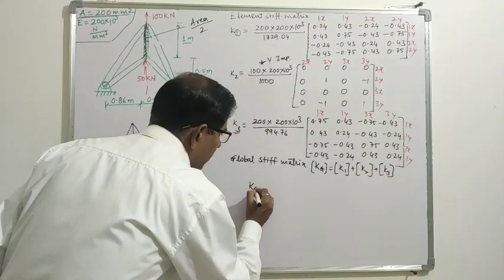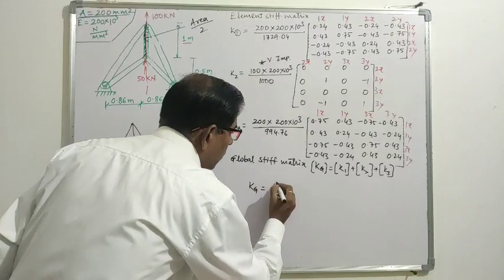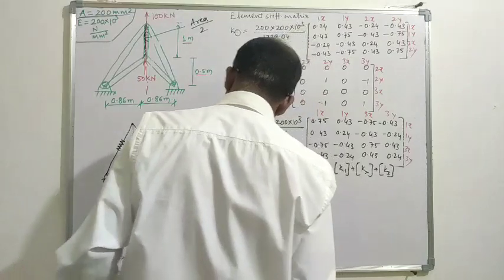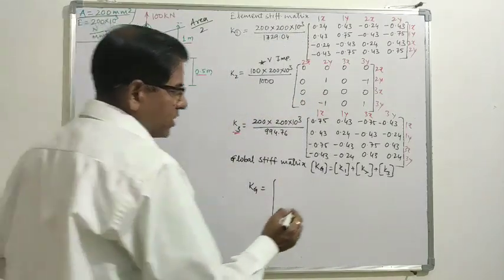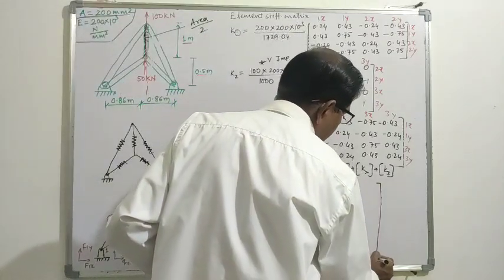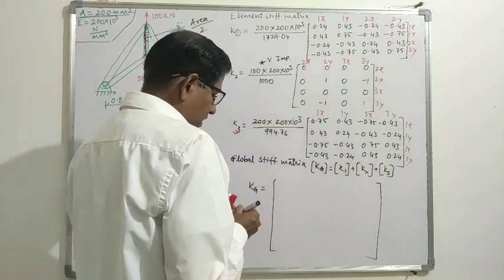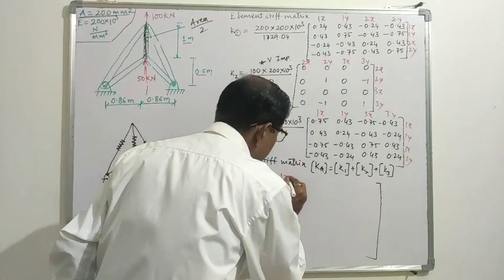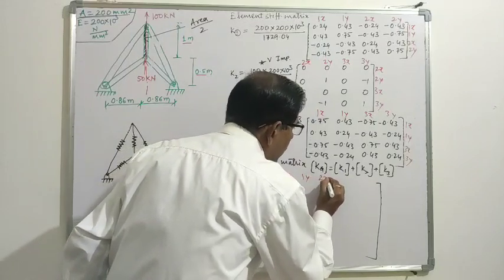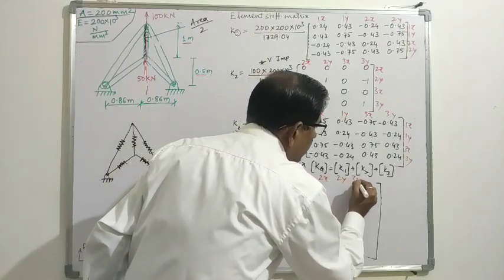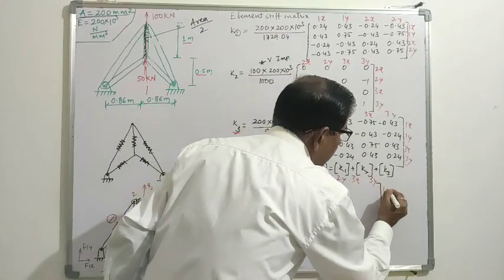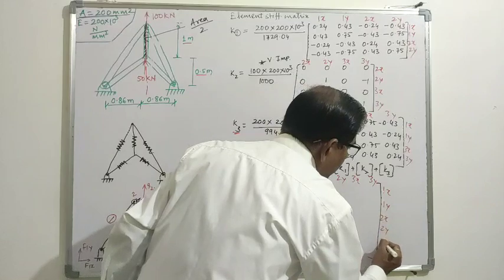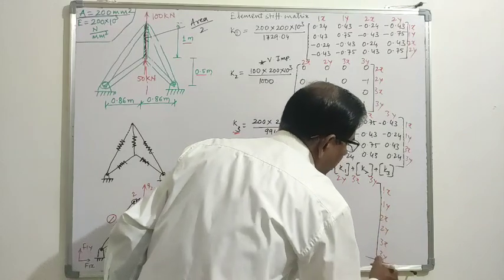We know there are 3 nodes, so the size of the global stiffness matrix would be 6 by 6. So it will be 1x, 1y, 2x, 2y, 3x, 3y, 1x, 1y, 2x, 2y, 3x, 3y.